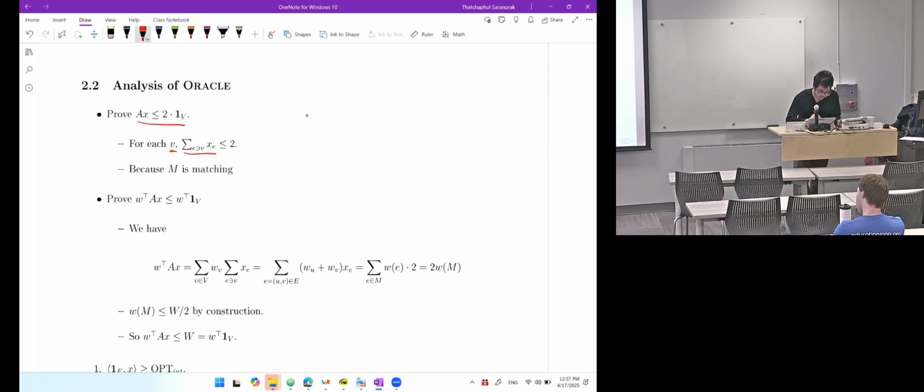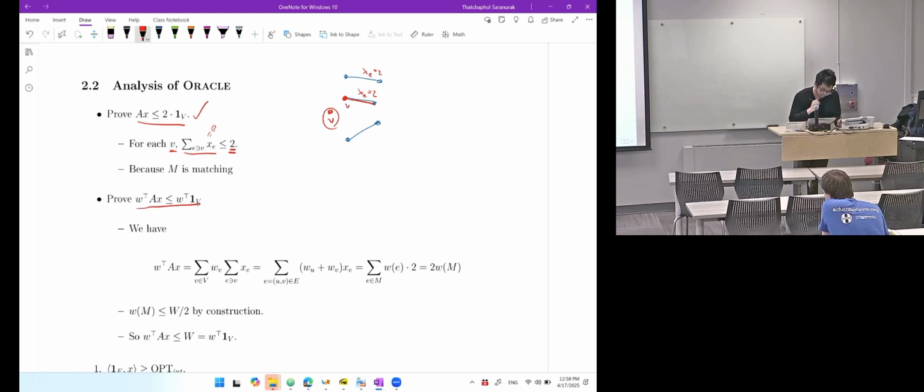The total x value on this node is going to be at most 2, because if you pick any node, let's say this is our matching M. If v is not incident to M, then this is going to be 0. And if v is incident to M, is the endpoint of an edge in M, this is just going to be 2, because we set the value of x_e here to be 2 for every matching edge. Okay, so this is good.